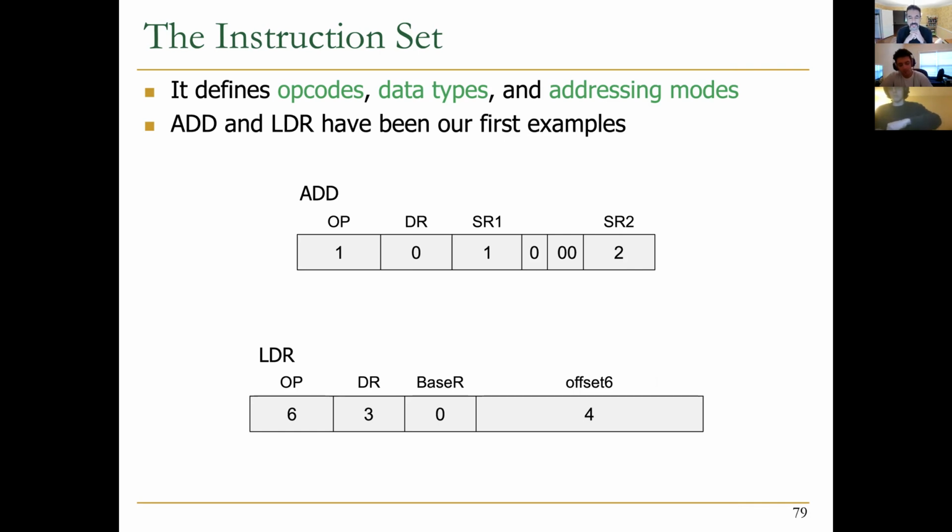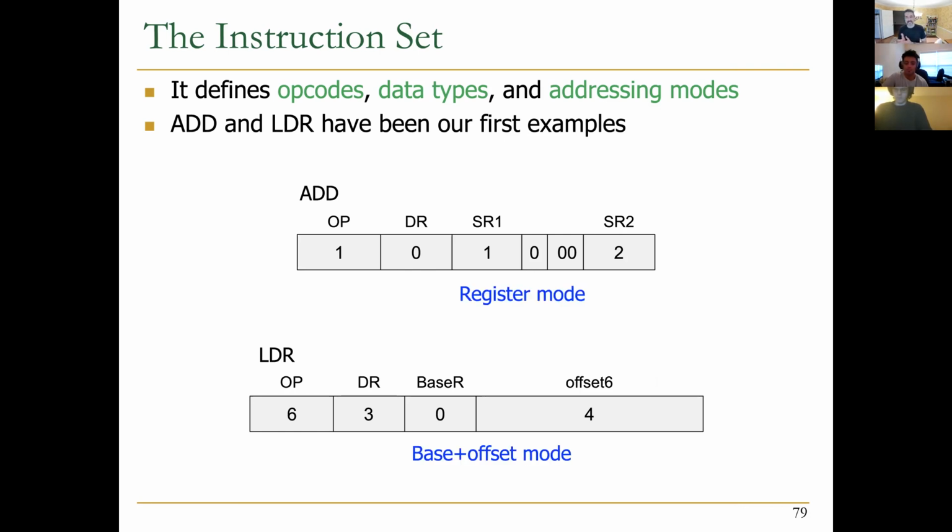So you had one offset, you had base R, you had the destination register, and you had the opcode as well. And you had 2 different encodings for 2 different instructions in one machine. And this is essentially one part of the ISA: the opcode, the data types, and also the addressing mode.